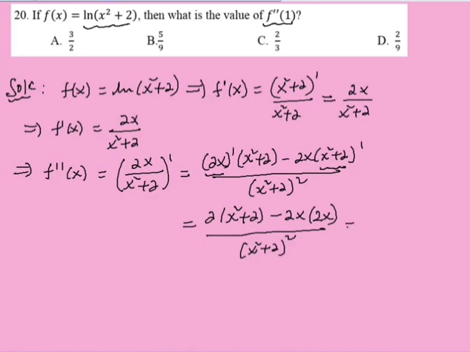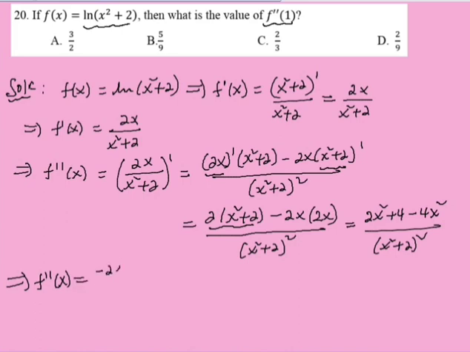So simplifying this will give us 2x squared plus 4 minus 4x squared over x squared plus 2 the whole square. So our second derivative can be simplified to minus 2x squared plus 4 over x squared plus 2 the whole square.